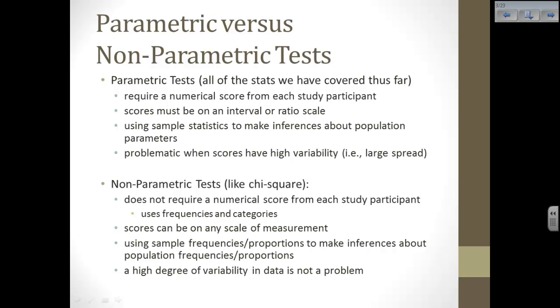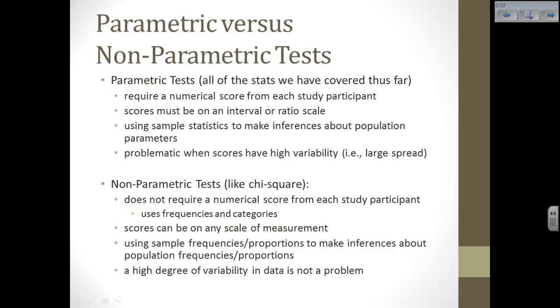So, highly variable populations and samples aren't necessarily a problem in non-parametric tests because it doesn't look at the raw data for the numeric scores for each study participant. It takes that raw data and converts them into frequency-based data that we put into different categories. And this will make more sense when I show you some examples. You can also use scores that are on a nominal or ordinal scale for non-parametric tests.